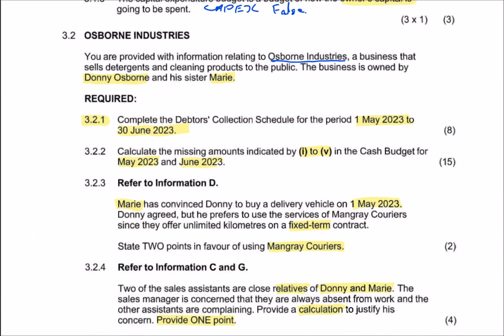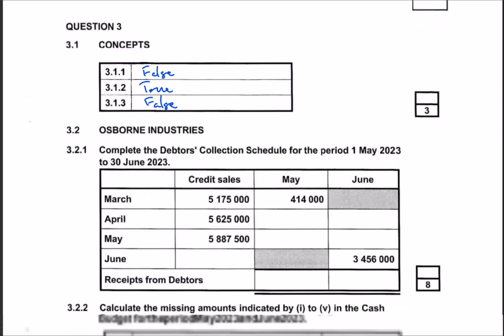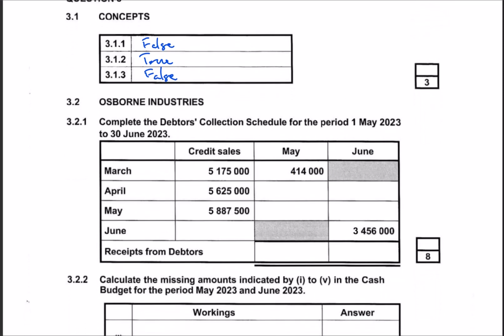This part. Let's now look at how to answer that part. Complete the data collection for the period 1 May 2023. When we come to our data collection schedule, we need to complete for April, because basically credit sales in March are all received in May, but then credit sales in April.